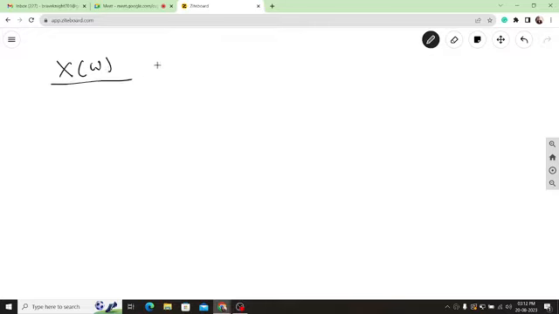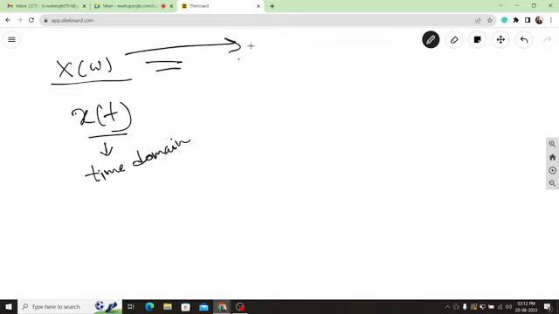Suppose x of omega and x of t: this is in the time domain, and this is in the frequency domain. These two have a relationship.